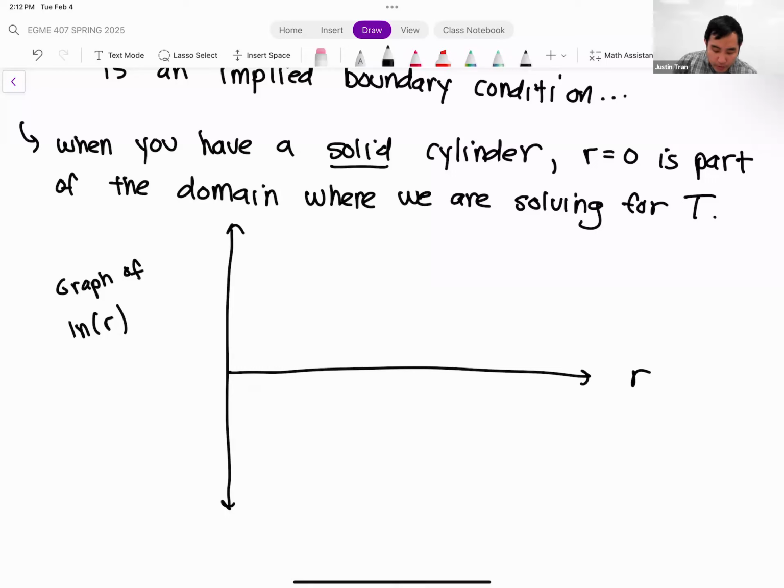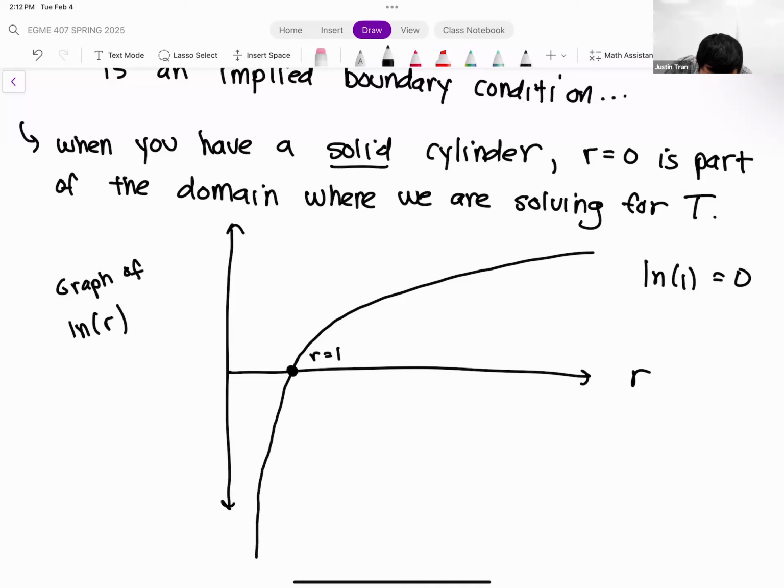One thing you probably know is that ln of 1 is equal to 0, so the r-intercept here is at r equals 1. The graph goes something like that beyond that point. When you go less than 1, the graph asymptotes with the vertical axis, so it goes down like this.